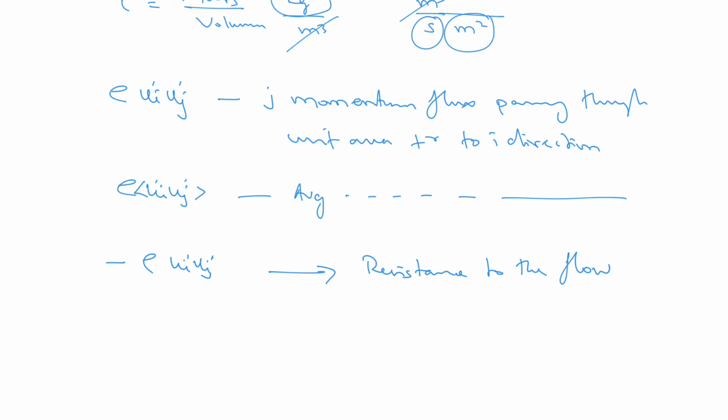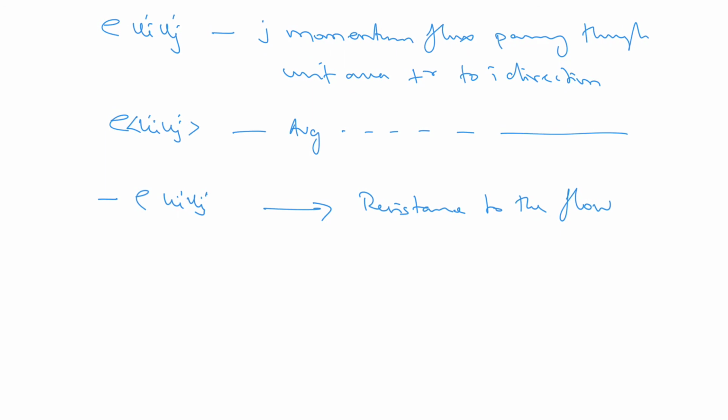We initially considered that the resistance to the flow is being offered by the viscosity. Now we are seeing that this Reynolds stress is also offering resistance to the flow. The difference is, the prior thing which we have discussed earlier, the molecular viscosity, causes the resistance to the flow. It is the property of the fluid when it is flowing.